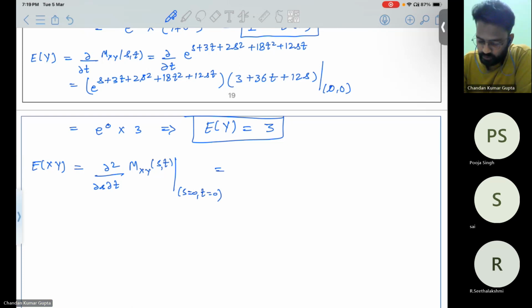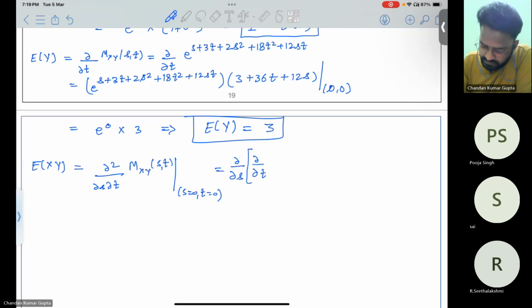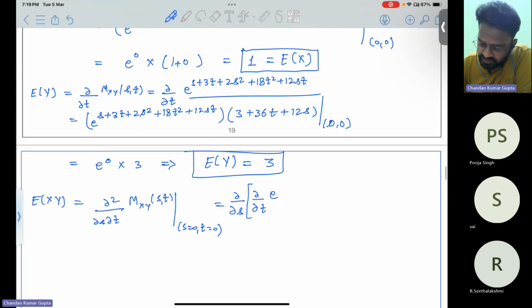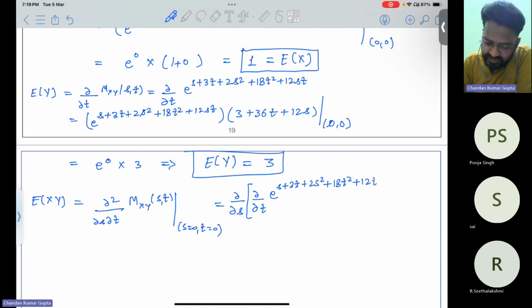So it is e to the power this quantity, which is equal to s plus 3t plus 2s square plus 18t square plus 12st.